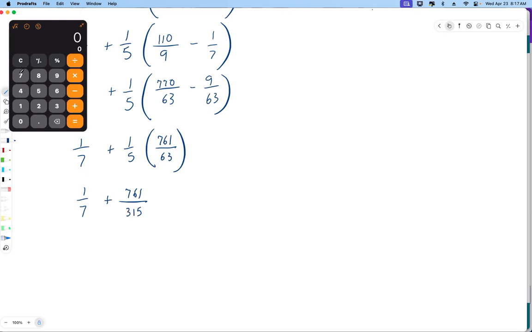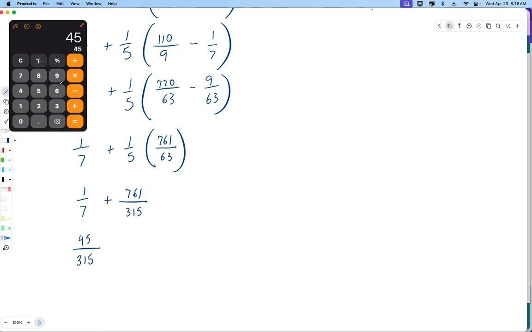So is 315 divisible by 7? It is. How about that? I'm going to reduce this by dividing it by 7. Actually, that means all I have to do is multiply this by 45. So that would be 45 over 315, because 7 times 45 is 315, right?